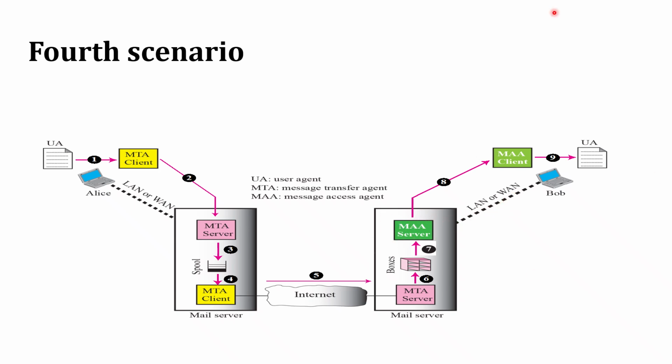Bob uses a message access agent client to request his messages. The MAA server, which is always running on the mail server, receives the request and transfers the message to Bob's client.